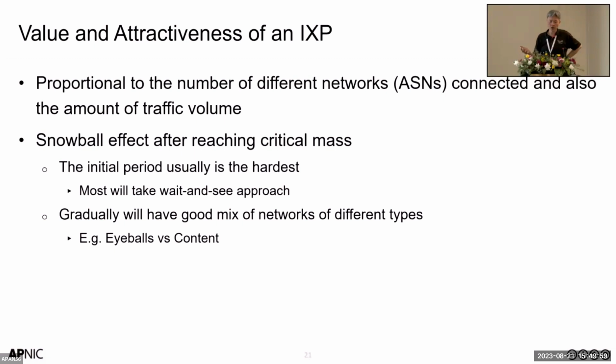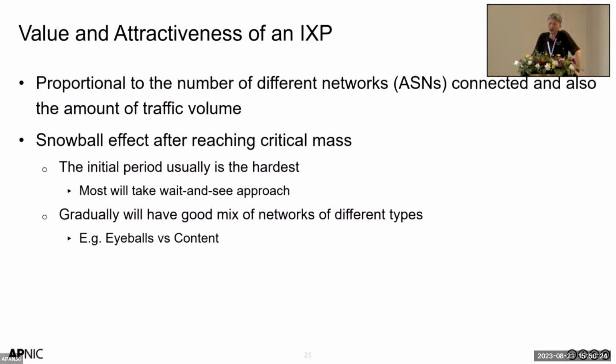And the value and attractiveness of an IX is proportional to the number of networks connected, and of course, the amount of traffic volume. If you start an IX, it's actually very, very difficult to get others to connect. People tend to take a wait and see approach.